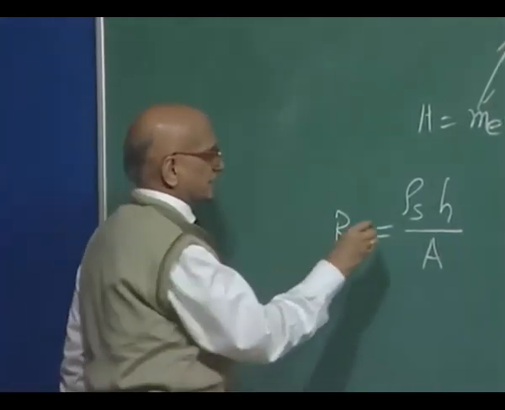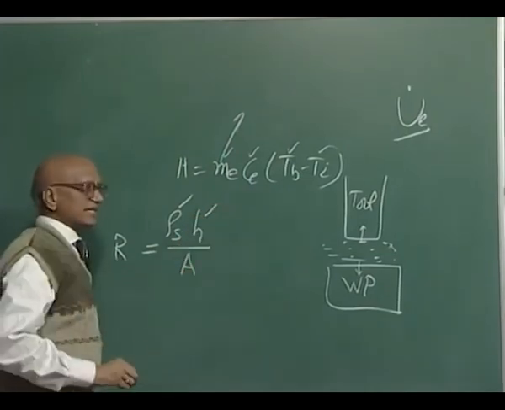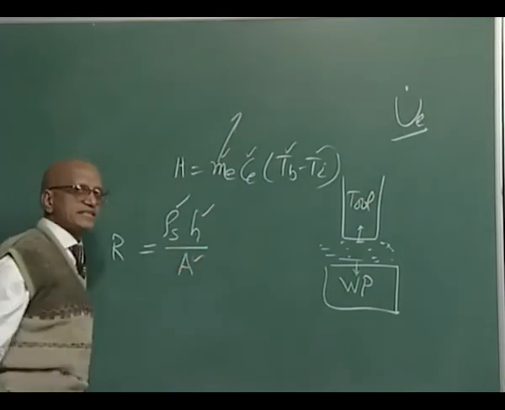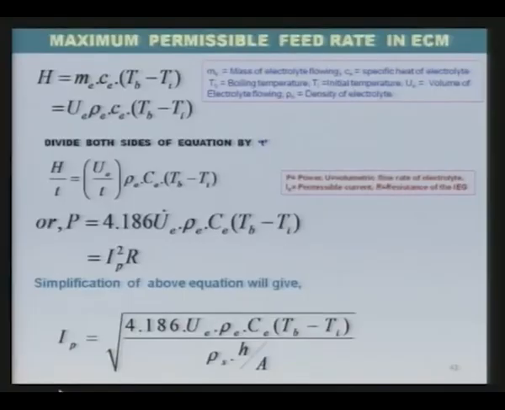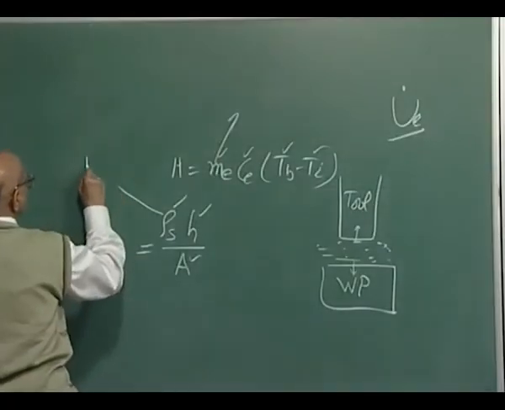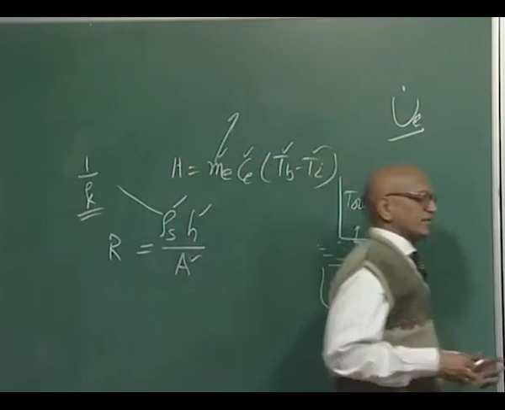Rho_S is the resistivity, H is the length, and A is the cross sectional area through which the current is flowing. Now, rho_S, resistivity, can be written as 1 over K, that is the electrical conductivity of the electrolyte.